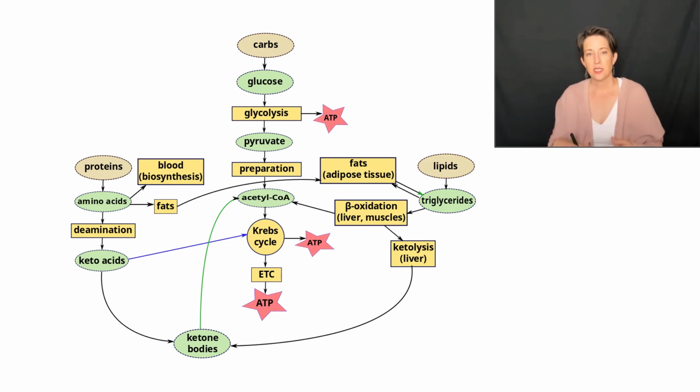But as I mentioned, proteins are the last resort for making energy sources, right? They're going to go serve their function. So if we are out of carbs and we're low on fats, then we'll talk about proteins. So we're not as stressed about looking at that process of the proteins, keto acids, into the ketone bodies.